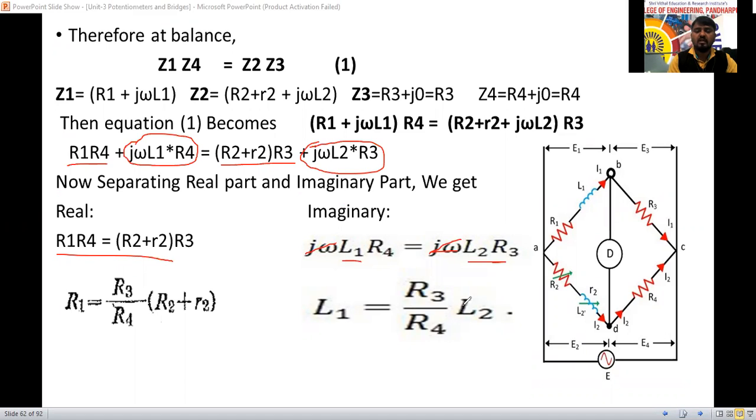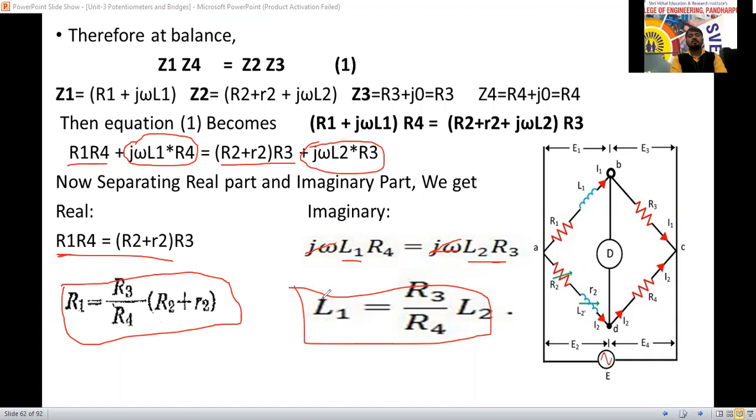And from the other equation, R1 is the unknown resistance: R1 equal to (R2 R3) divided by R4. These are the equations for the unknown resistance and unknown inductance we have calculated here.